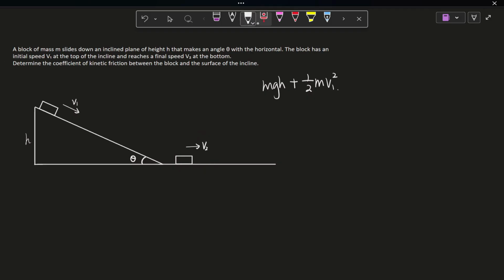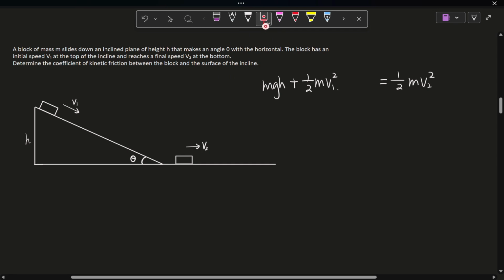So this much energy is supposed to be equal to 1 half m times v2 squared. The reason why I said it's supposed to be equal to is that if there's no friction on the incline, these two will be equal.